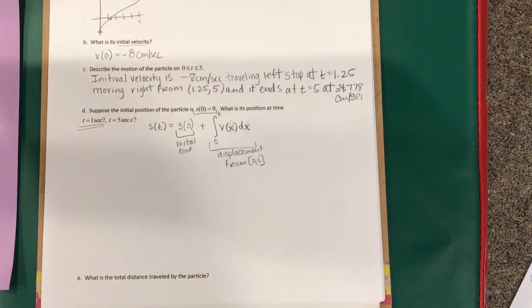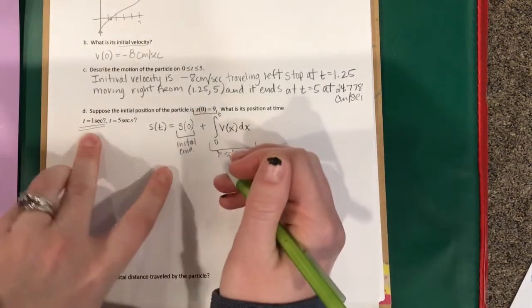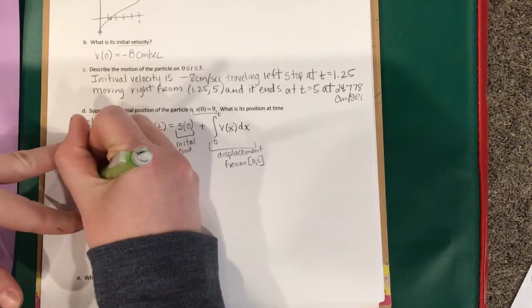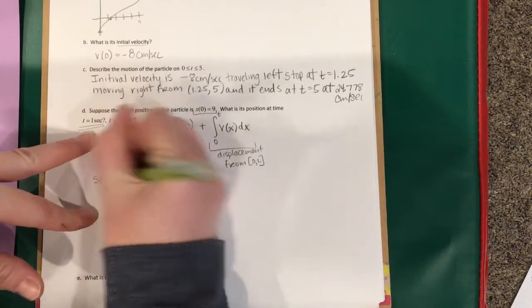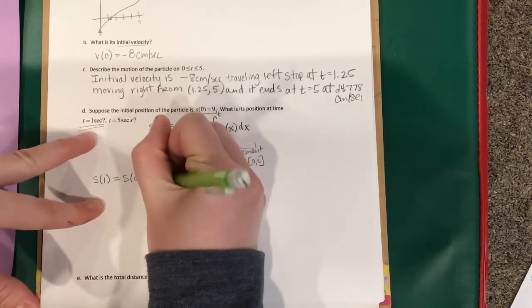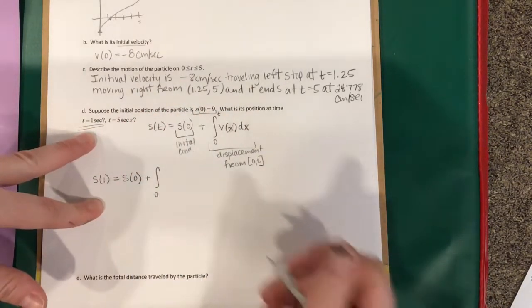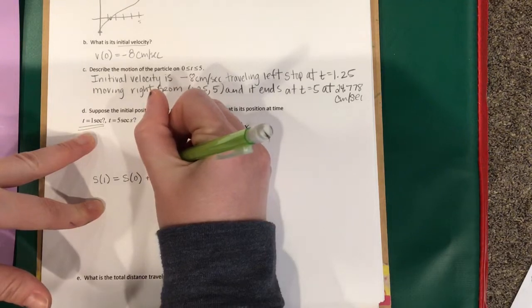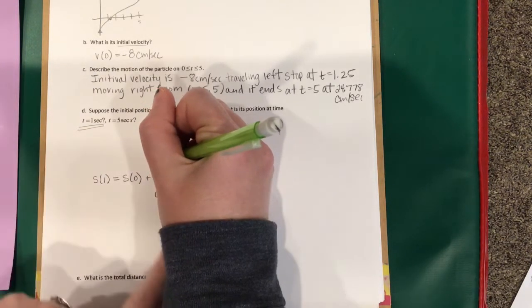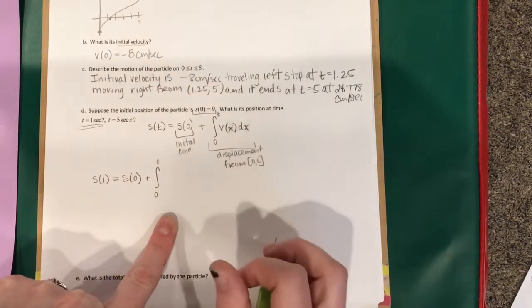Well, when t equals 1, we're going to have s of 1 equals s of 0 plus my integral from 0 to 1.